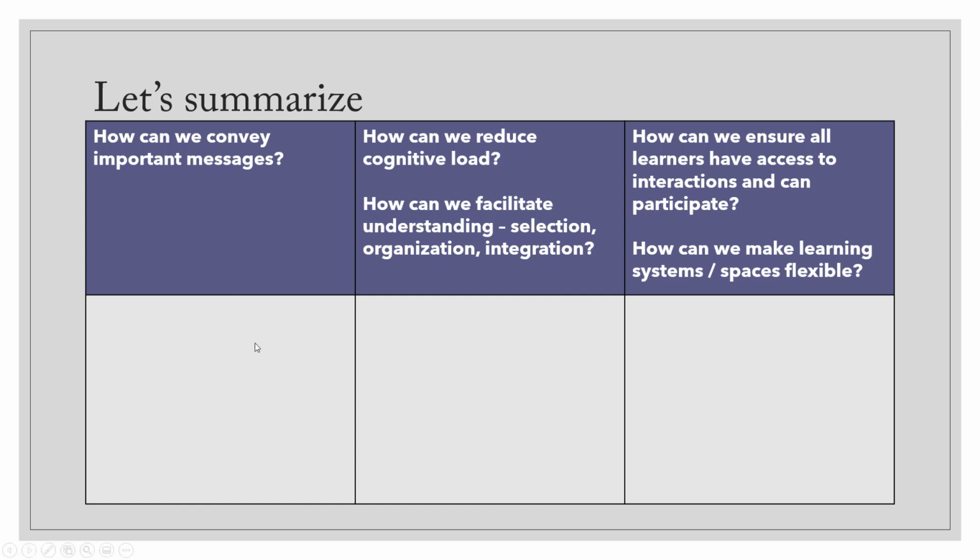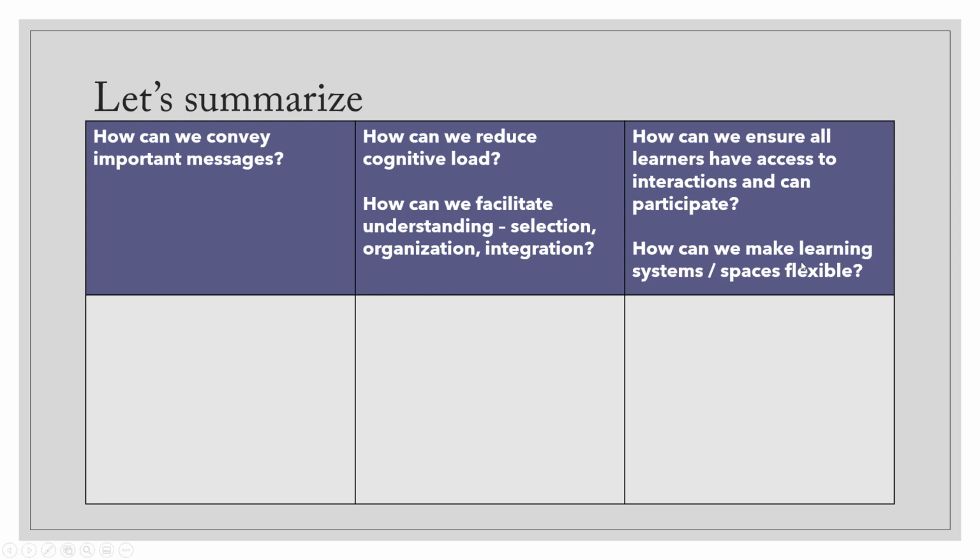From the three major paradigms, we have questions like, how can we convey important messages? How can we reduce cognitive load? And how can we ensure that all learners have access to interactions and can participate in the learning environment and in the learning interactions?